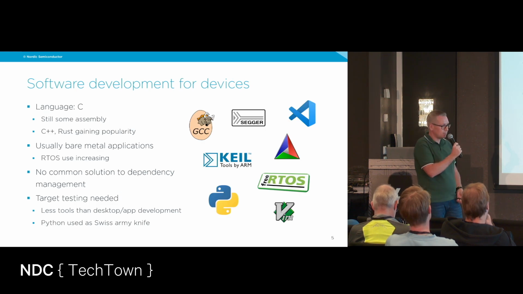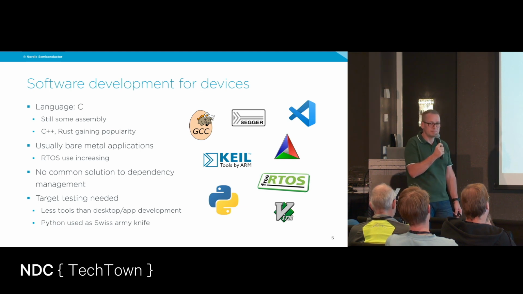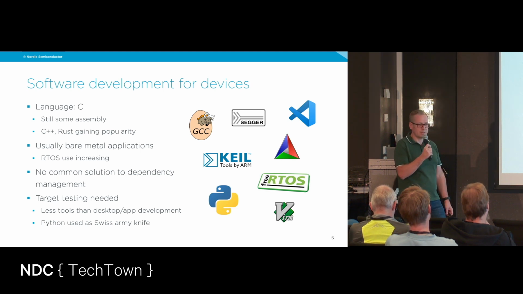So that's a bit of background. As a software developer, I think this was true and is still true for our business. Language, that's mainly C. Still some assembly, and C++ and Rust are getting more popular, but still a fringe.